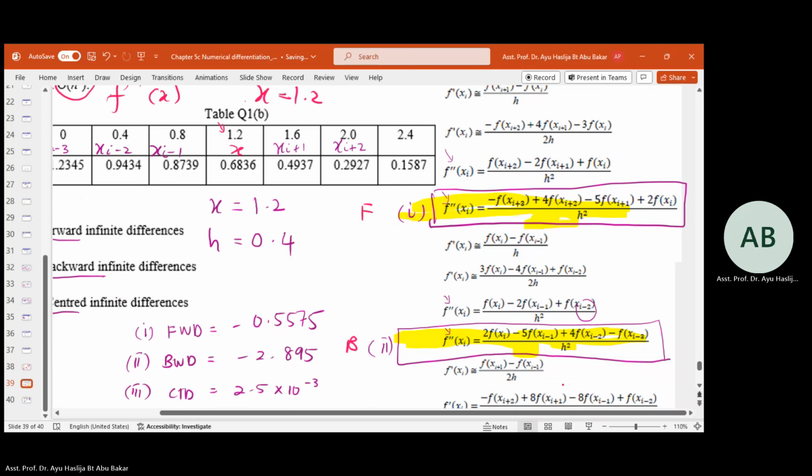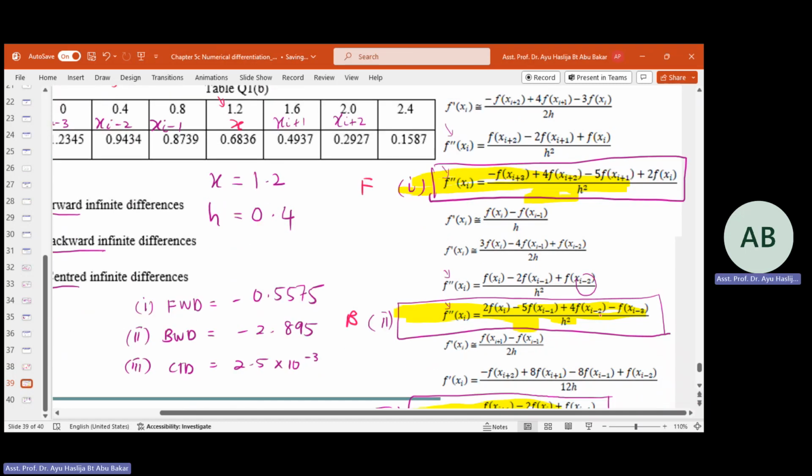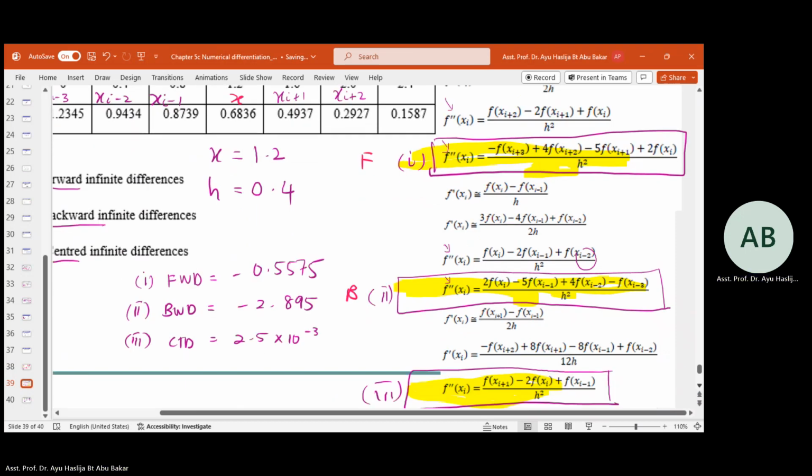Backward. How to know it is backward? It involves minus only. Then centered. Okay, double prime, second derivative.